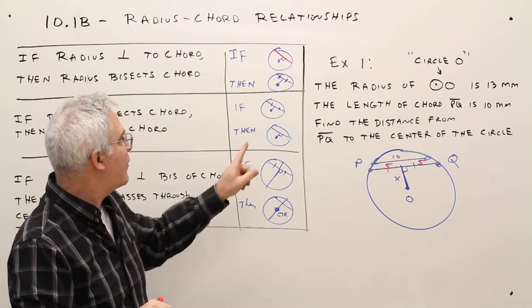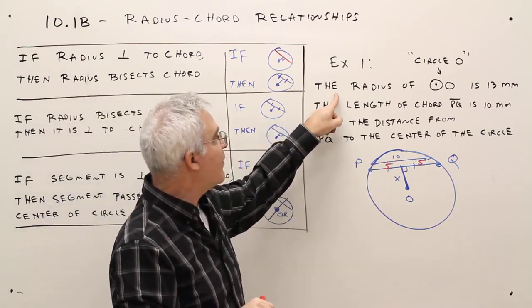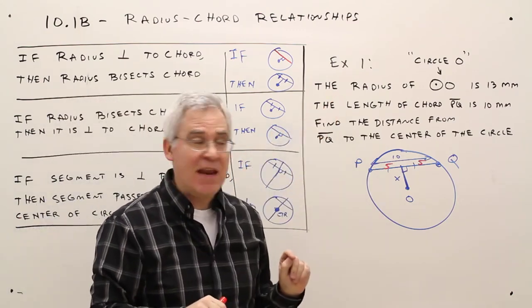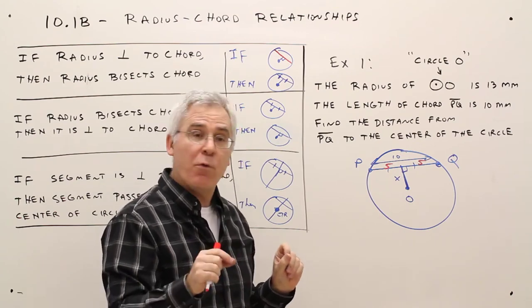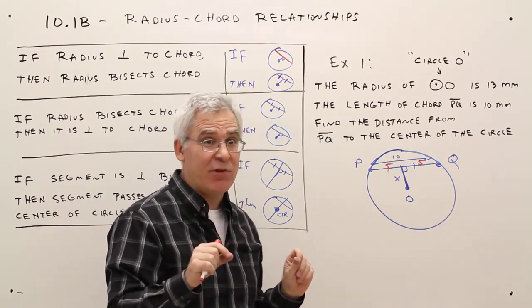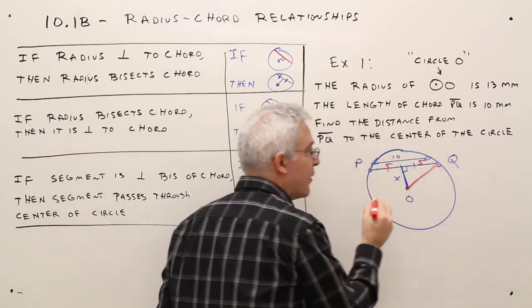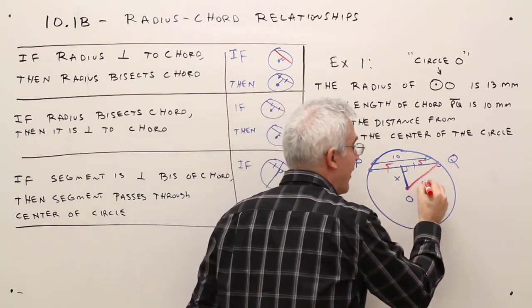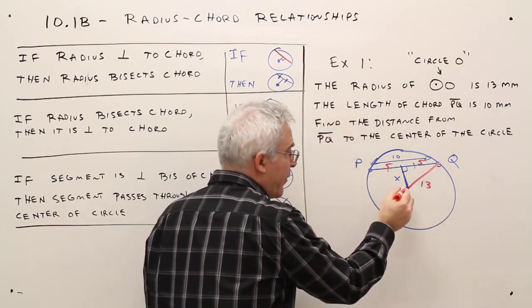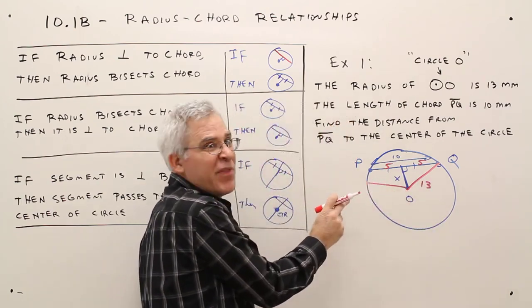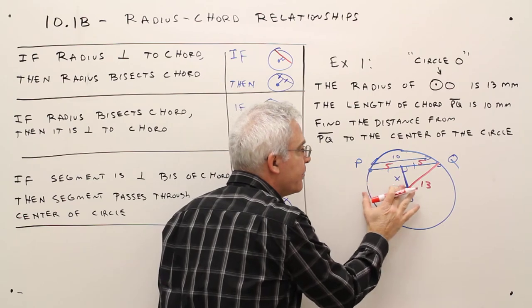It says the radius of the circle is 13 millimeters. Oh, maybe we should draw an auxiliary line. That is the radius, and that's 13. Of course, I could have drawn a radius over there, but that would have helped me in the problem.